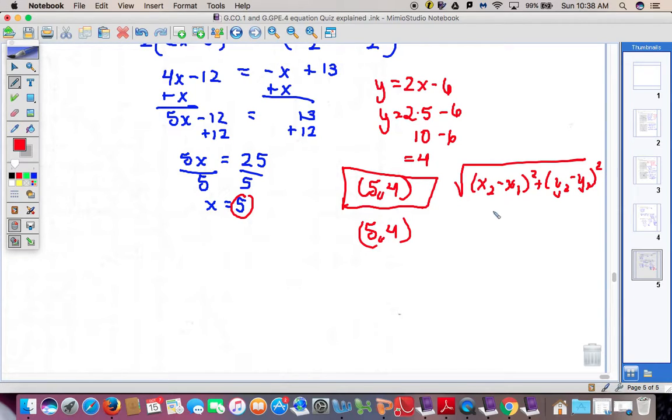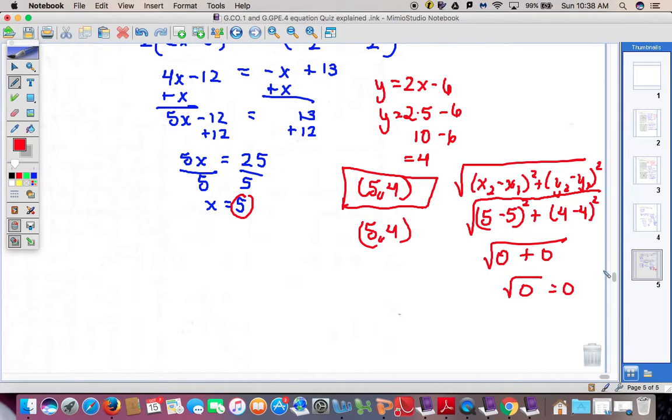So x2 minus x1 is simply 5 minus 5, and y2 minus y1 is 4 minus 4, and 5 minus 5 is 0, and 4 minus 4 is 0, and the square root of 0 is 0. So the distance between (5, 4) and my line is 0 units, because that ordered pair of (5, 4) happens to actually fall on that line.